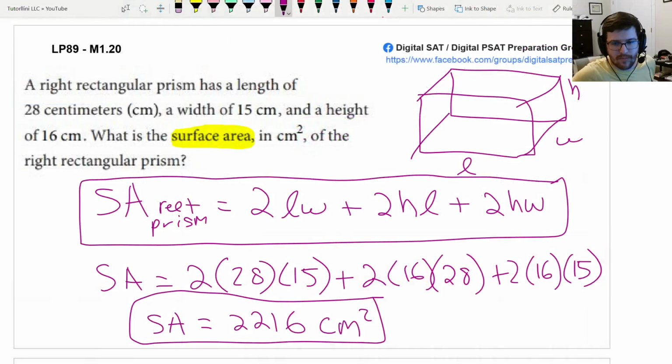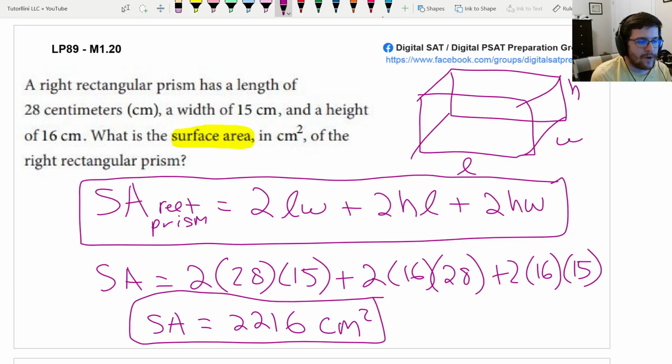So does this show up once in a while? Surface area? Yeah, it does. You probably want to at least be familiar with finding the surface area of a cube, a rectangular prism, and a cylinder. Those are all shapes they've asked about before.